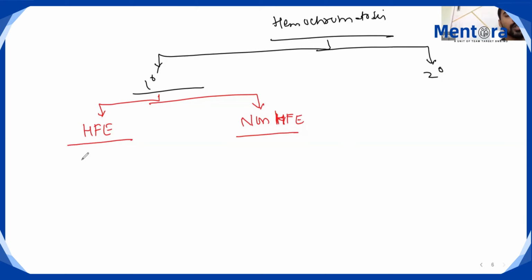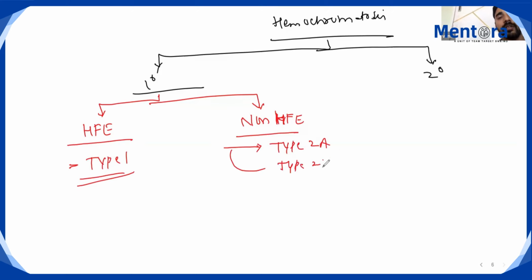This is your type 1. In the other you have type 2A, type 2B, type 3 and type 4. This is hemojuvelin, this is your hepcidin, this is your TFR2, this is your ferroportin, right?